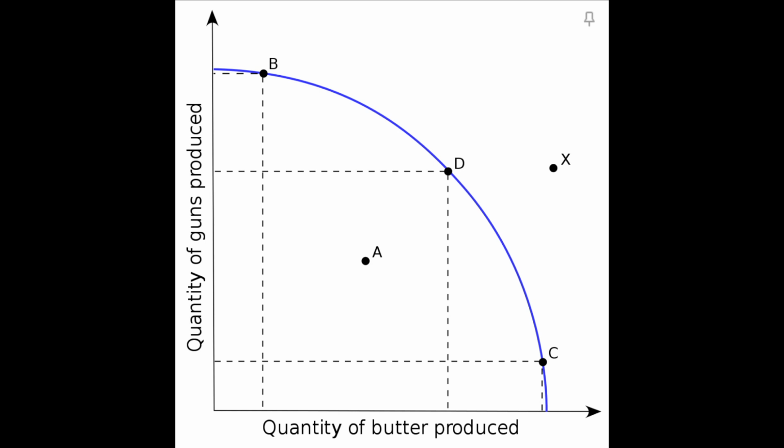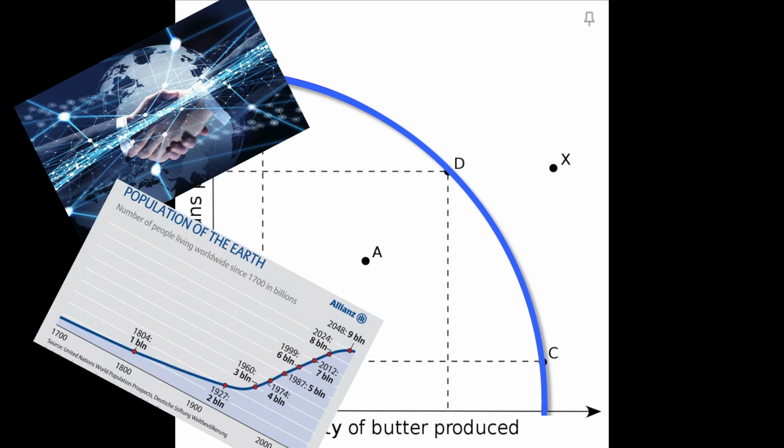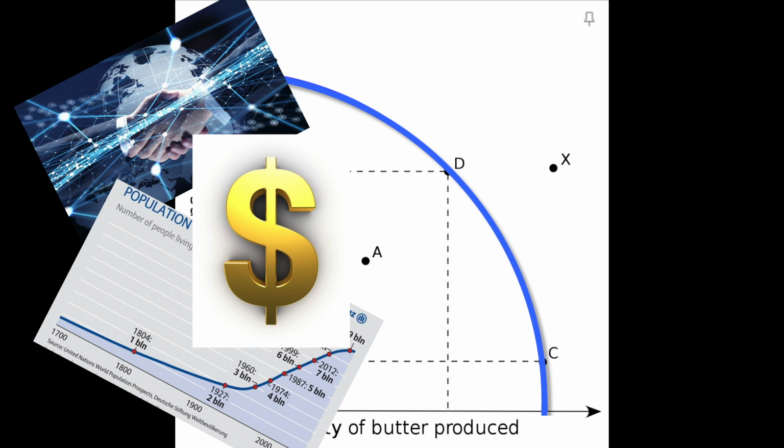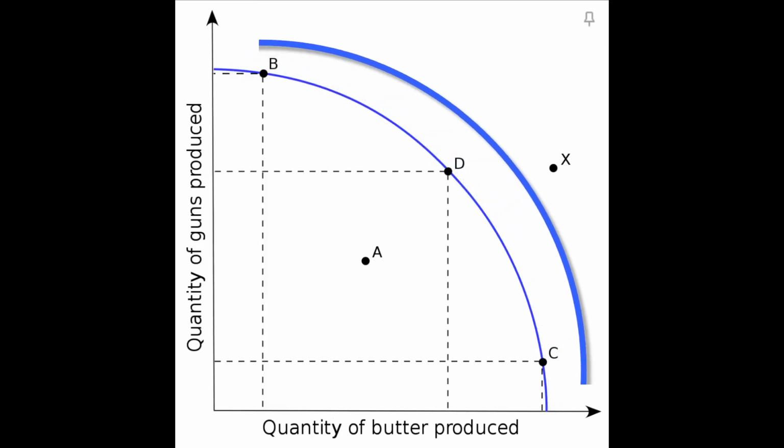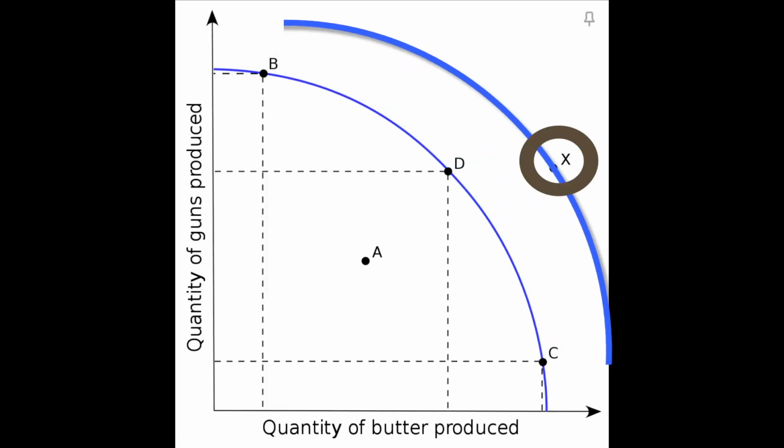However, it is important to note that the productive capacity of an economy is not fixed. The blue line of the graph can shift right and up, or left and down. If an economy grows by factors such as technology improvements, population increase, or a boost in capital, this blue line can shift right and up. Yes, it is possible for point X to be reached if the economy grows, if the blue line moves outward.